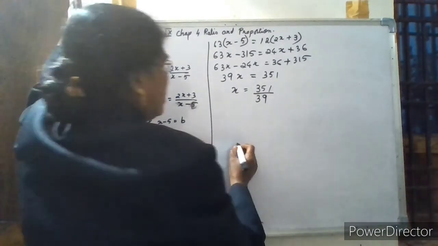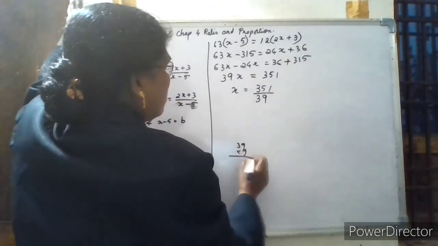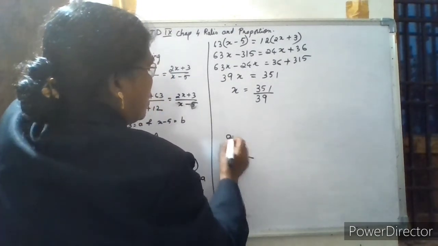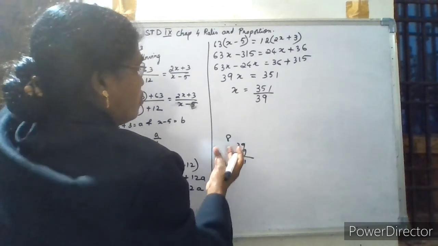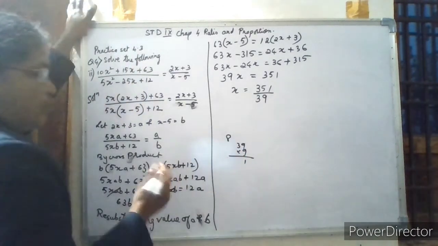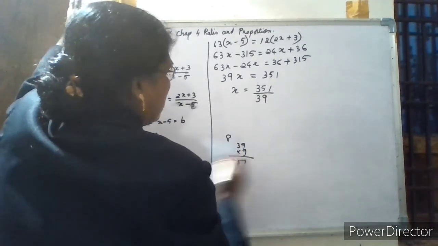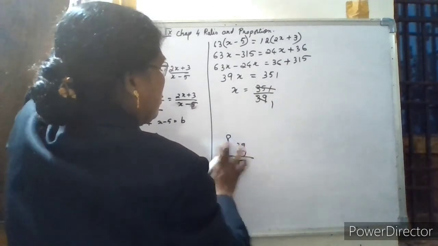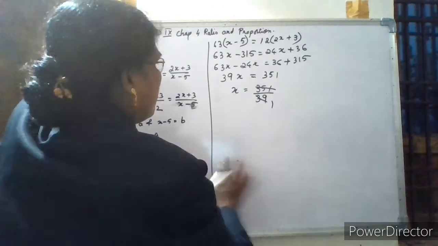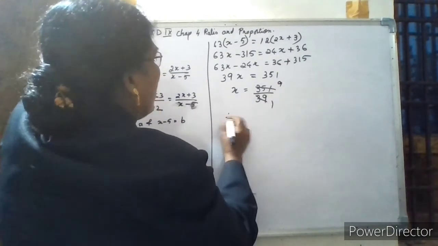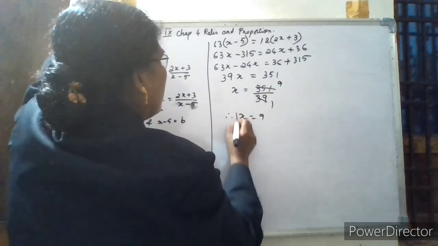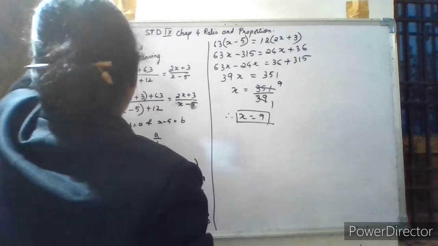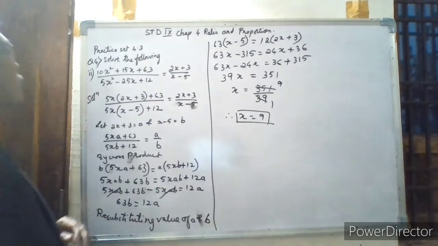Let us see, 39 into 9: 9 times 9 is 81, carry 8, 9 times 3 is 27, plus 8 is 35. Yes, 39 nines are 351. Therefore the value of x is 9. This is the solution of this question.